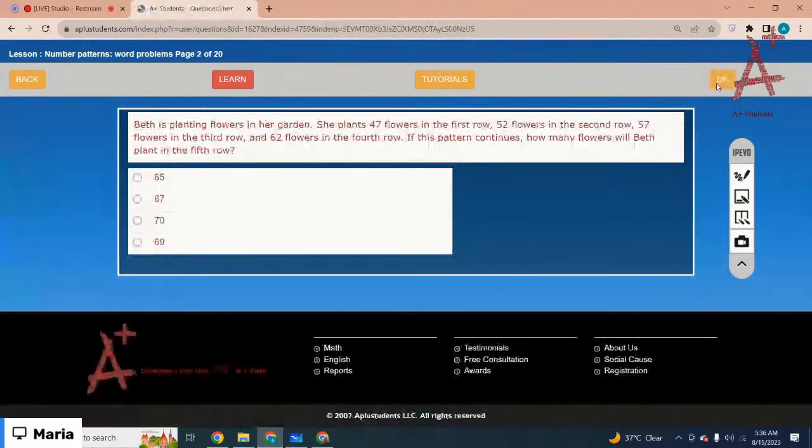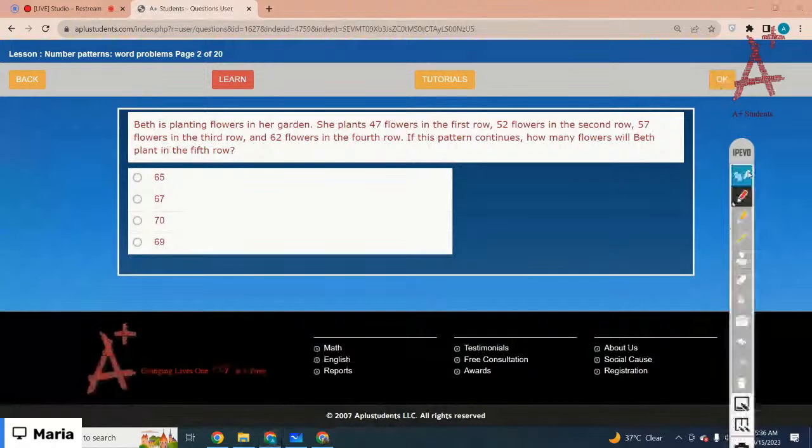Beth is planting flowers in her garden. She plants 47 flowers in the first row, 52 plants in the second row, 57 plants in the third row, 62 plants in the fourth row. If the pattern continues, how many flowers will Beth plant in the fifth row? Okay, 47 plus 5 makes 52. 52 plus 5 makes 57.